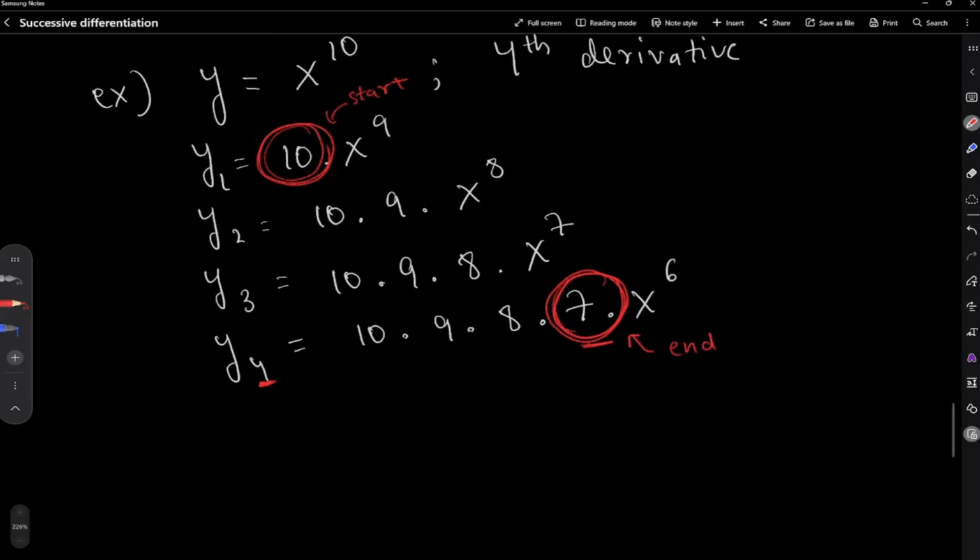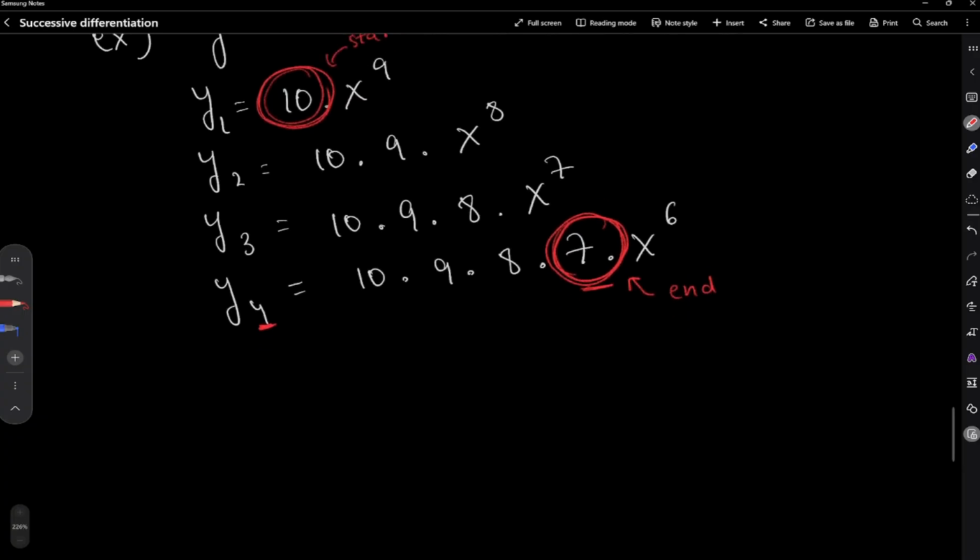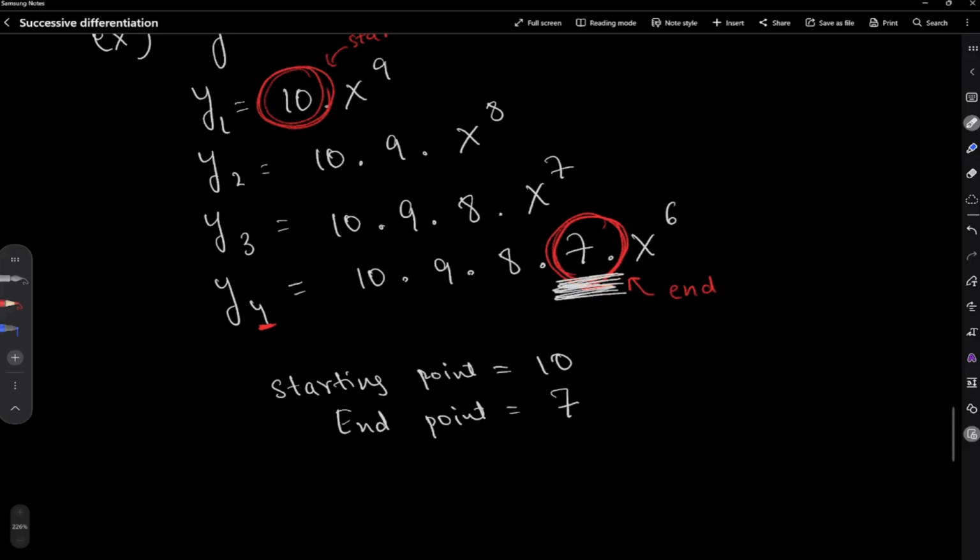First let's write down what we already know. We know we have a starting point, which is 10. We have an end point, which is 7. Now to come to this solution 7, because we need to tell the computer when to stop multiplying.